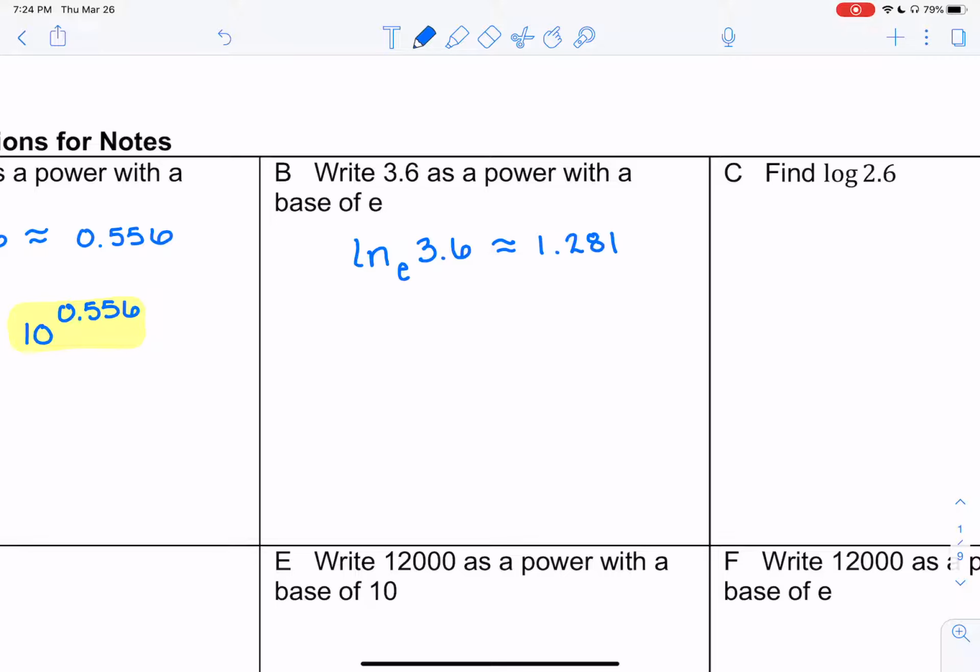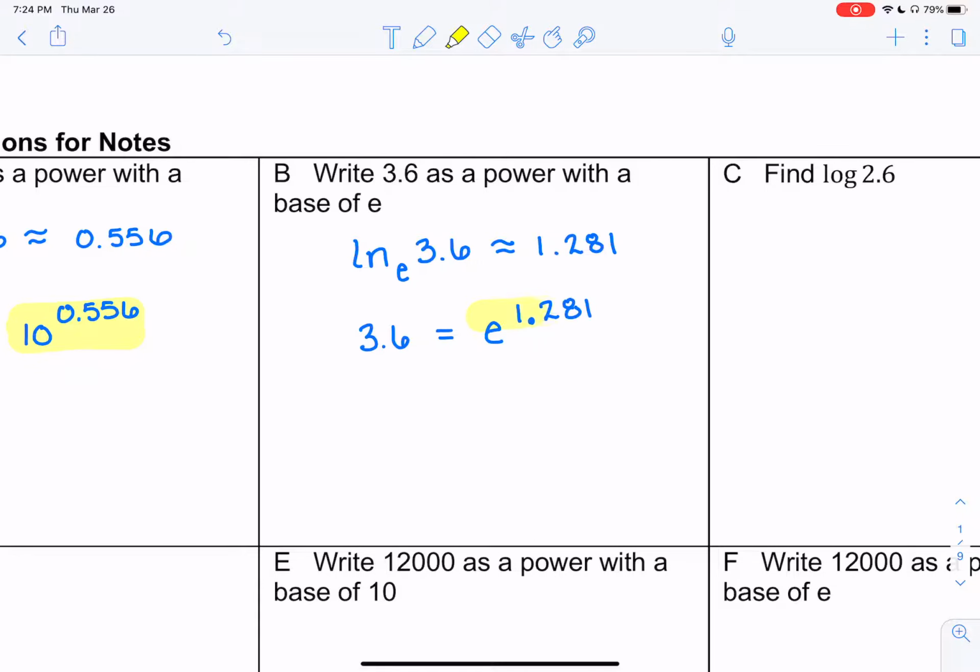Then when I rewrite that, 3.6 is approximately e raised to the 1.281. So my solution is e raised to 1.281.